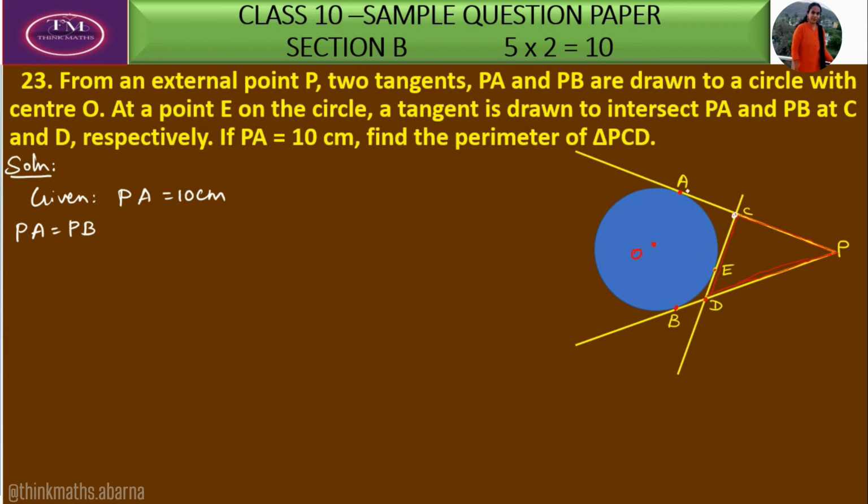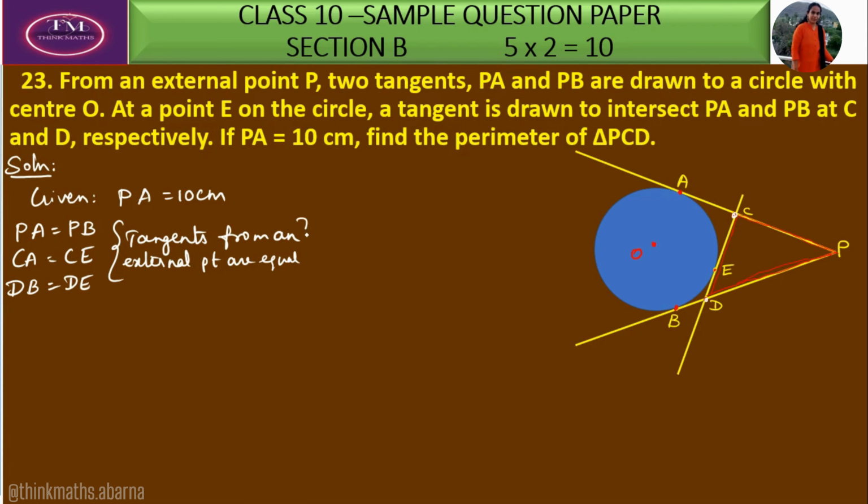From C we have CA and CE, so CA is equal to CE. Also from D we have two tangents, DB and DE, so DB is equal to DE. The reason is tangents from an external point are equal. So we have these conditions.